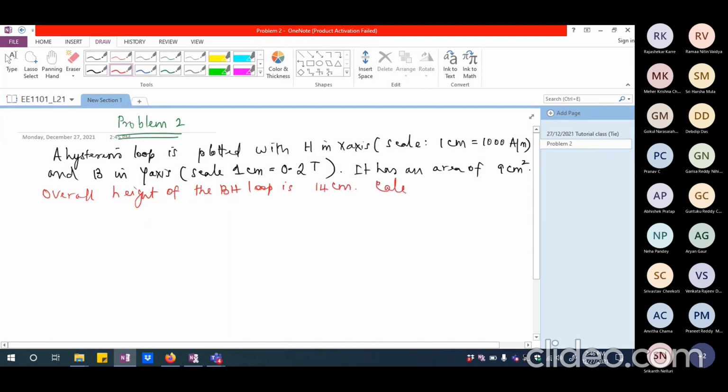Calculate: A, hysteresis loss in joule per cycle per meter cube. So the first thing that is being asked is hysteresis loss in joule per cycle per meter cube. The second one is peak flux density as per the graph.